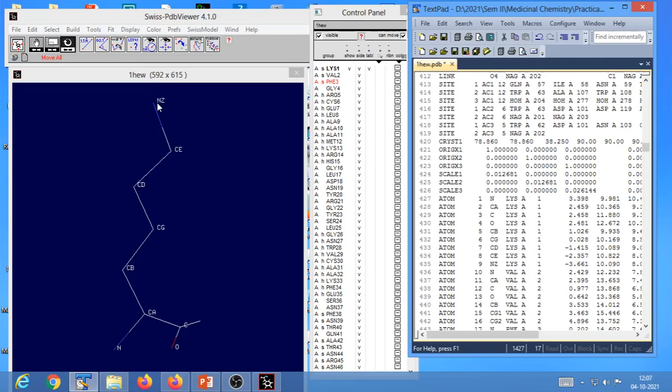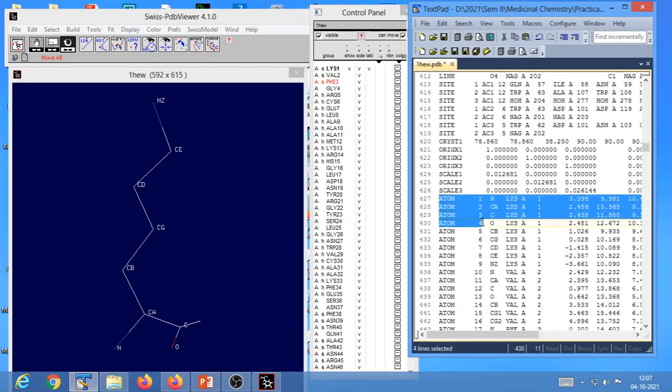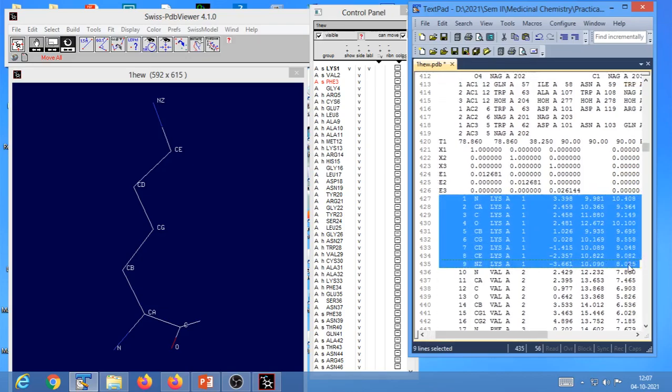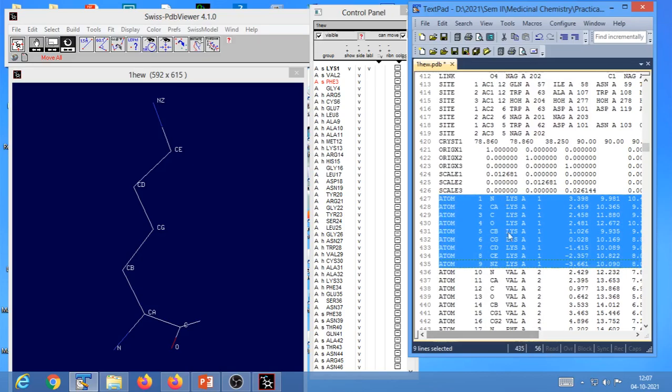So what you are visualizing is the information that is present from line number 1 to line number this much. This is the information that you are visualizing over here.